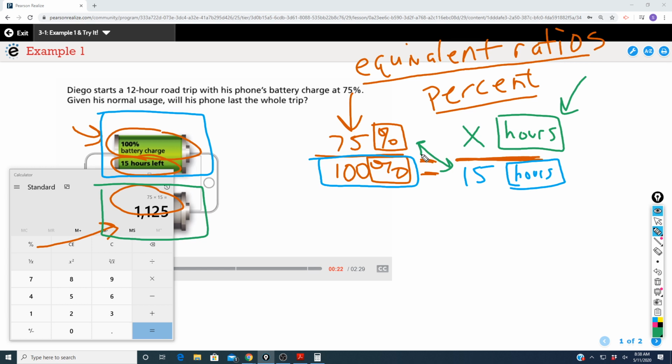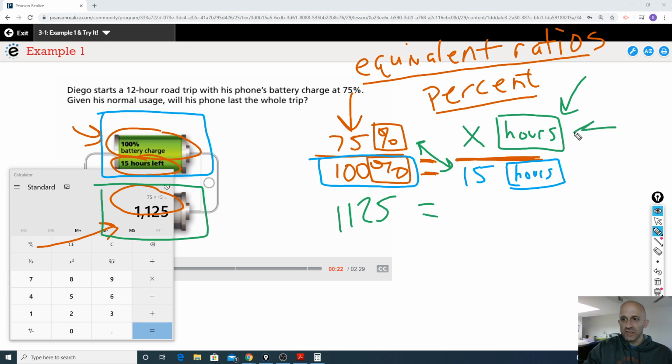I have the hours and the percentages in boxes because it technically doesn't matter, but I want to show you how keeping those in the same ratio will help you further understand this.